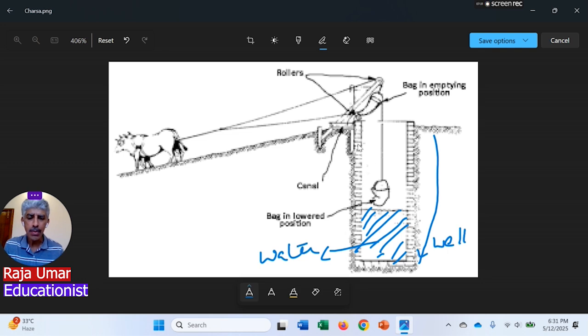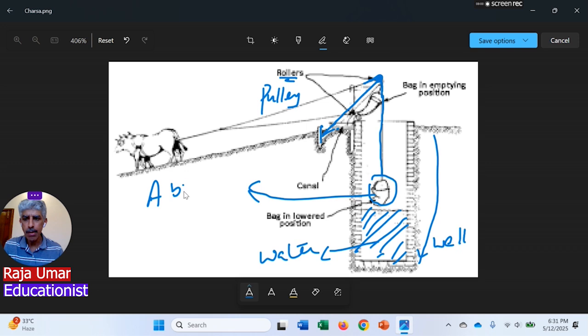And you can see that here is a sort of structure installed, a sort of pulley, rollers written over here, a pulley is used, and a rope is passing through that pulley, and here is the bucket. And I was just reading somewhere that Charsa means a big leather bucket.